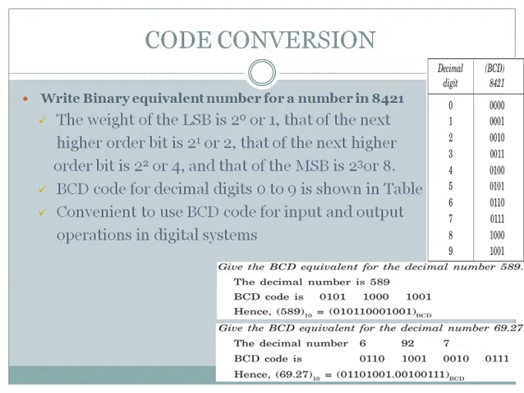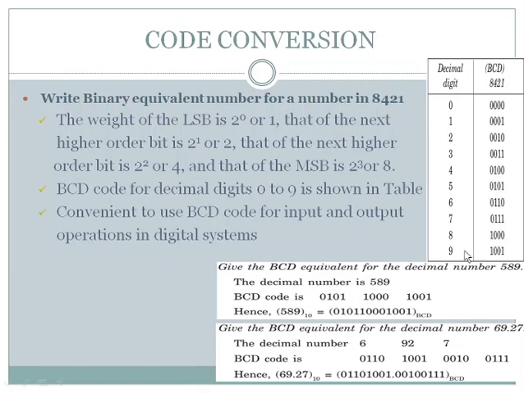And if a number contains 2 digits, we have to replace the 2 digits with their corresponding BCD codes. For example, you have the decimal number 99. If you want to represent the decimal number 99 using BCD code, you have to replace each 9 with its corresponding BCD code.